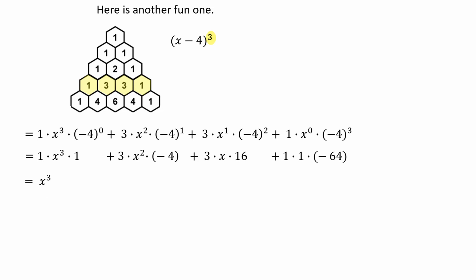So 1 times 1, of course, leaves me with 1. 3 times 4 is 12, but of course it's a negative 12. 3 times 16 is 48. 1 times 64 is 64, but of course it's a negative 64. And so there's the answer: x to the third minus 12x squared plus 48x minus 64. And of course, if I write it tidier, that's what it should look like.